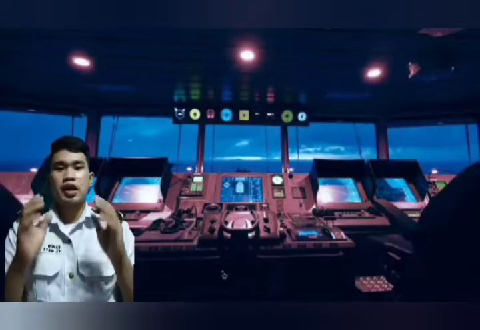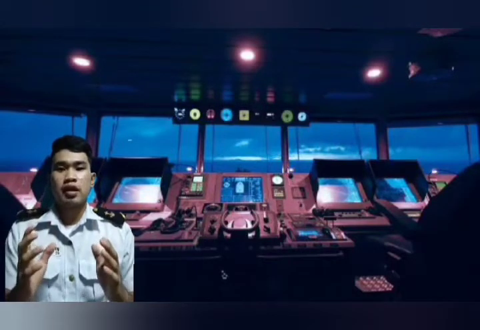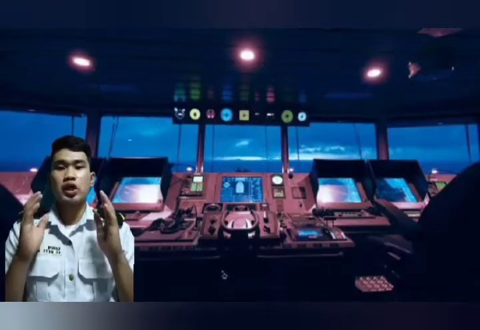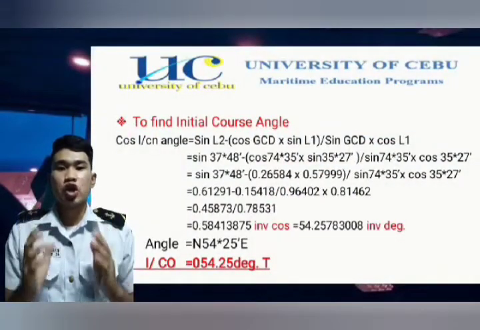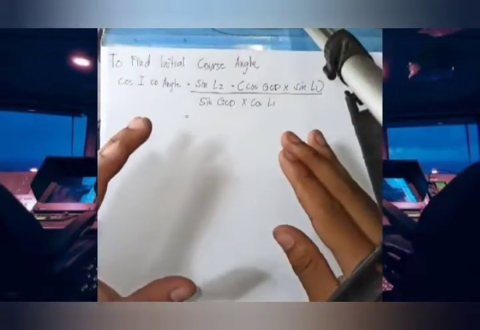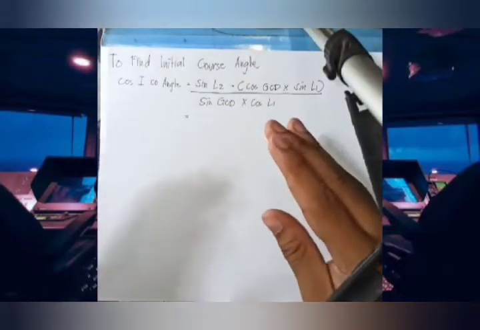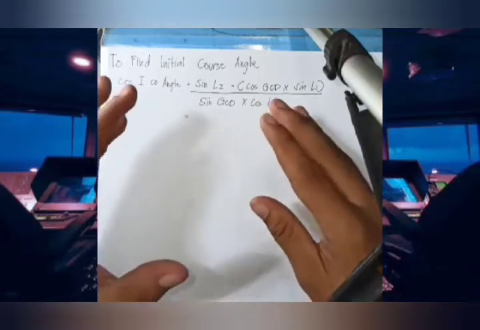Good day, sir. I'm Deck Cadet Quiapo Jovert from Group 8. In today's video, I'm going to show how to solve the initial course angle. So here's the solution on how to solve the initial course angle.